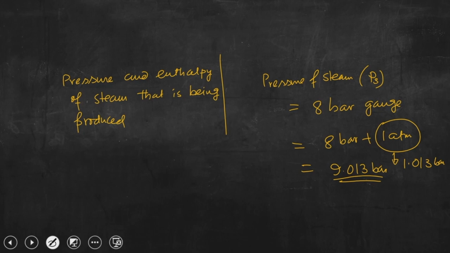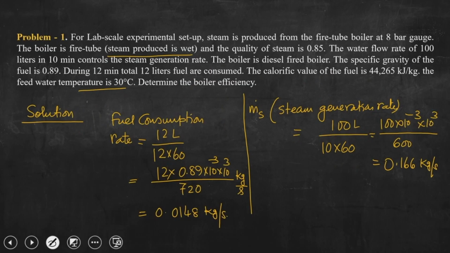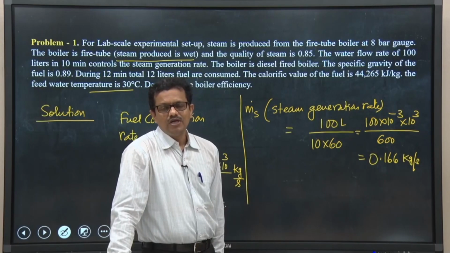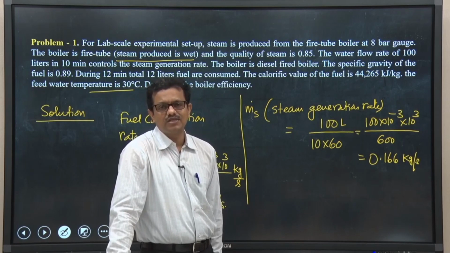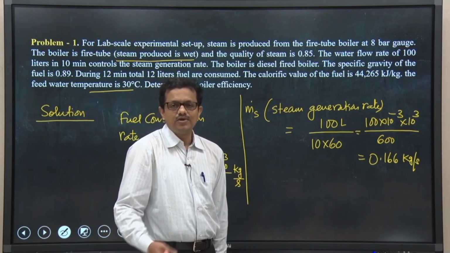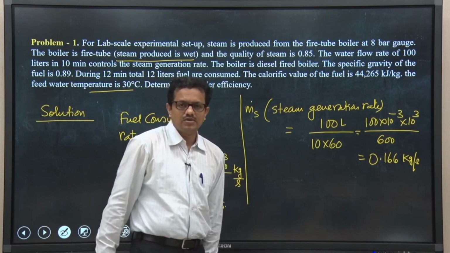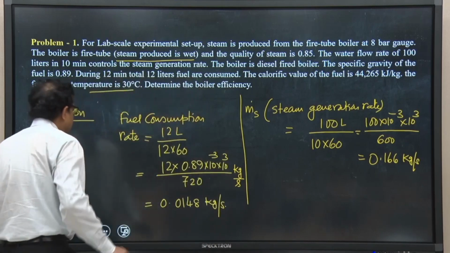What about enthalpy? See, it is already mentioned that the steam produced is wet. Even if it is not mentioned in the problem statement, since the boiler is a fire tube boiler, you should consider that the steam which is produced is wet, because the produced steam will be in equilibrium with the water.